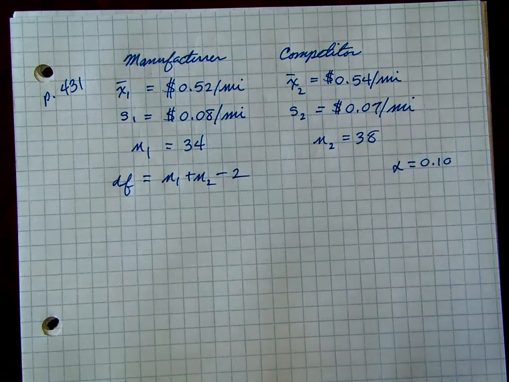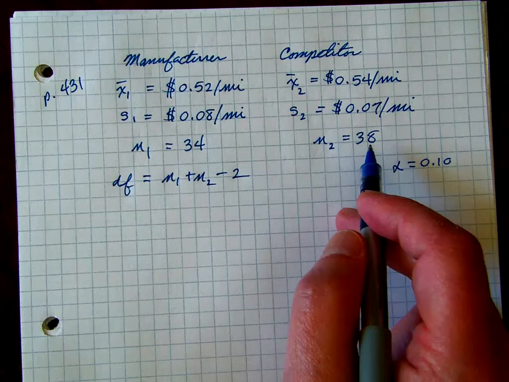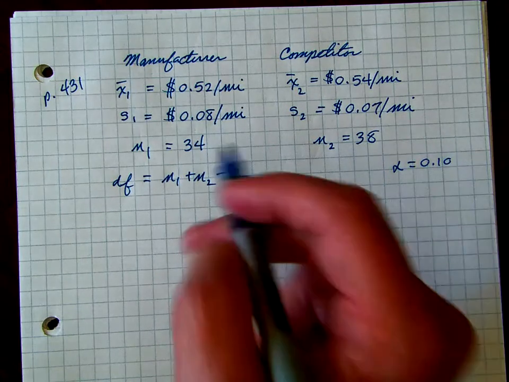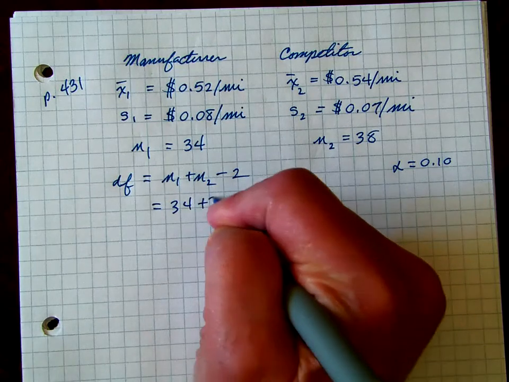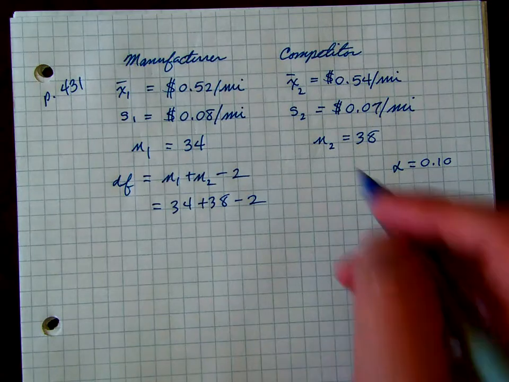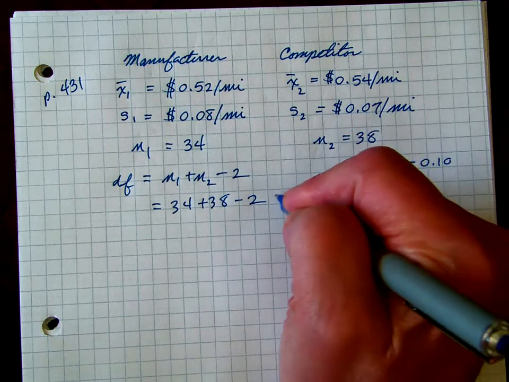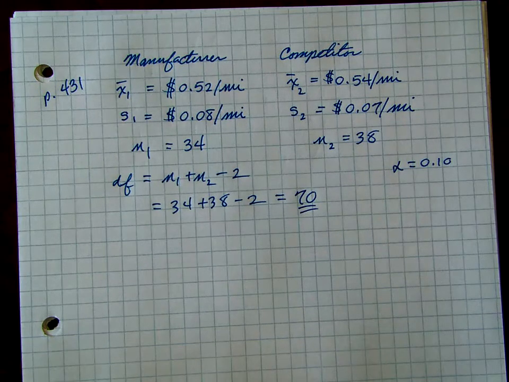So in other words, 34 plus 38 minus 2, and when you compute this, you have 70 degrees of freedom. It's an awfully big number for degrees of freedom.